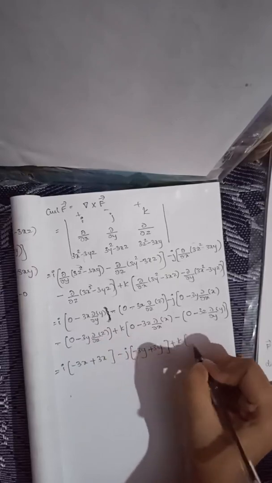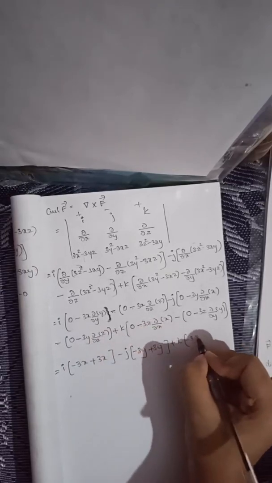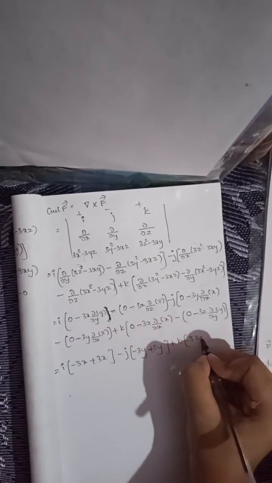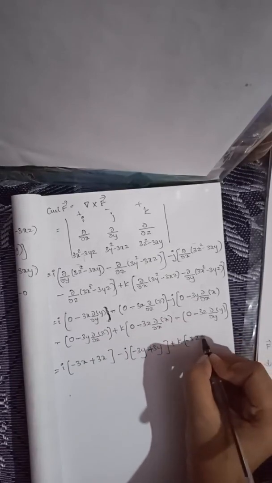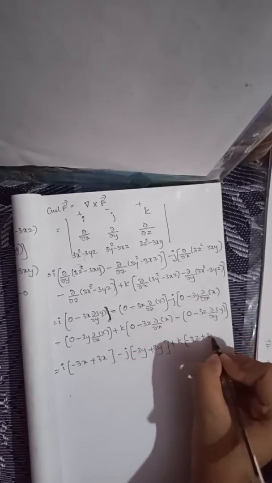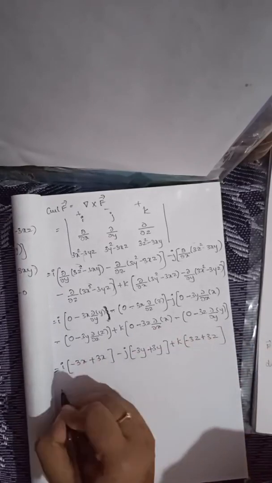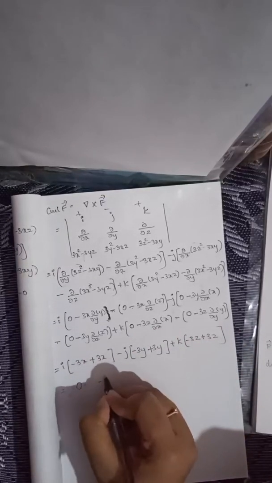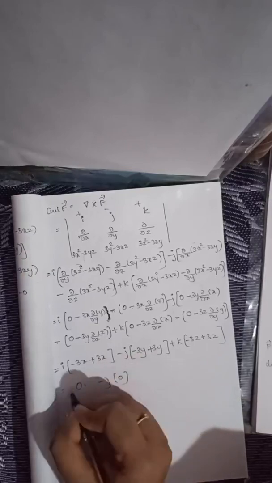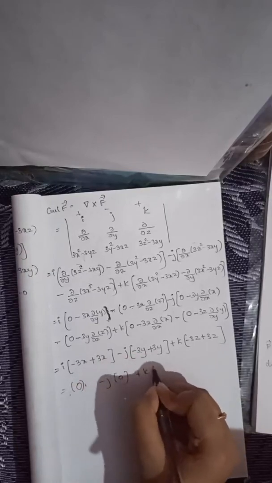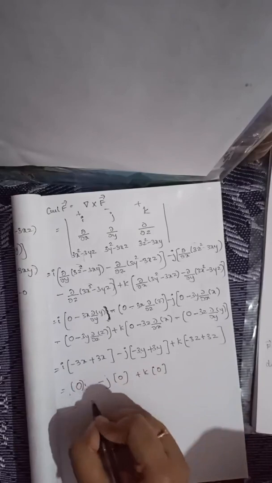Plus k into, here minus 3z, x with respect to x is 1, minus into minus is again plus 3z, y with respect to y differentiation is 1. So plus 3x minus 3x is nothing but 0 into i, minus 3y plus 3y is again 0, and plus k into is again 0. So finally you get the answer 0.